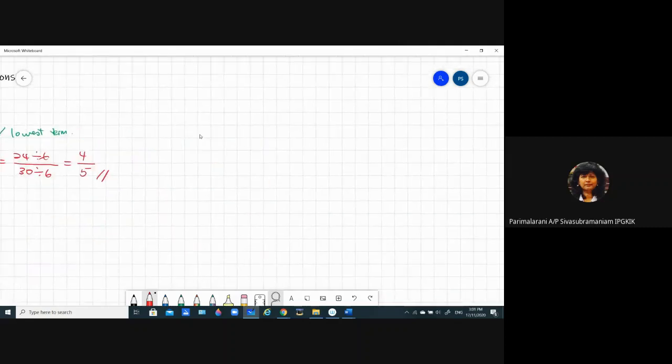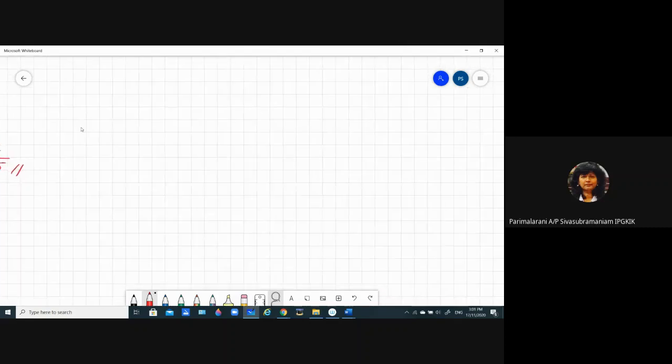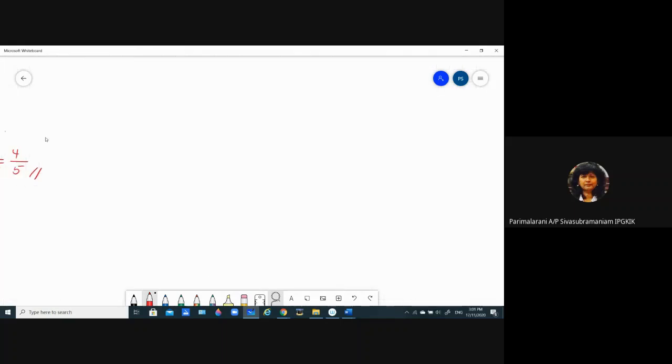Okay, now let's look at another example. Reduce 300 over 144. What we're going to do first is find the prime factors for 300.